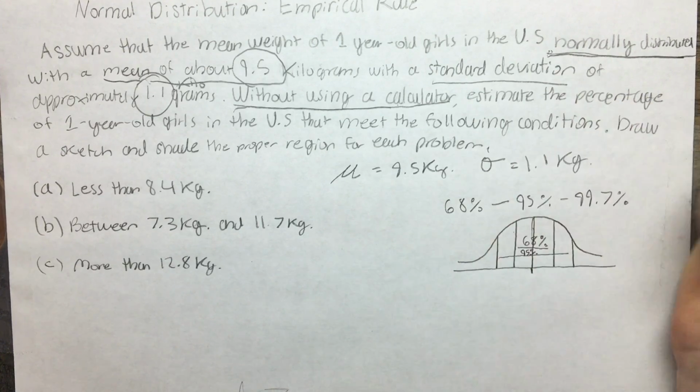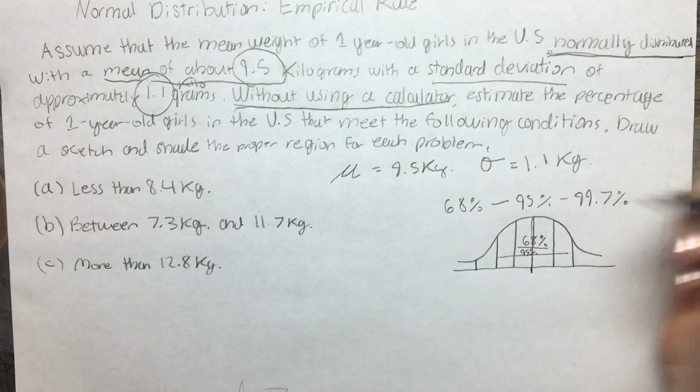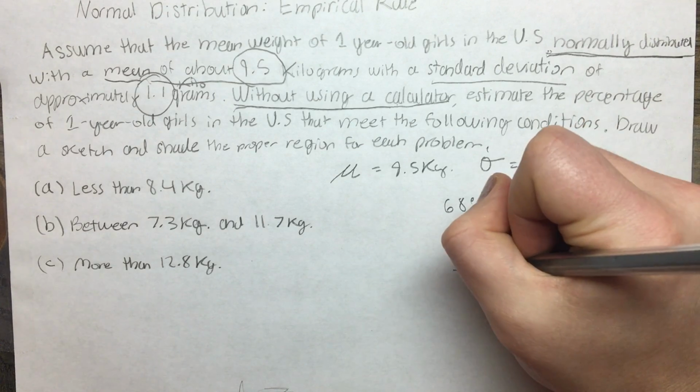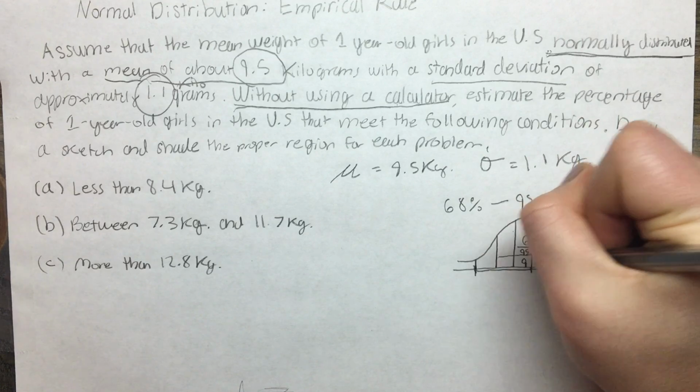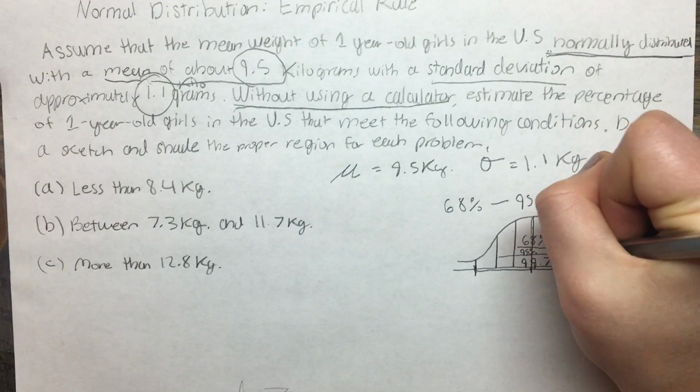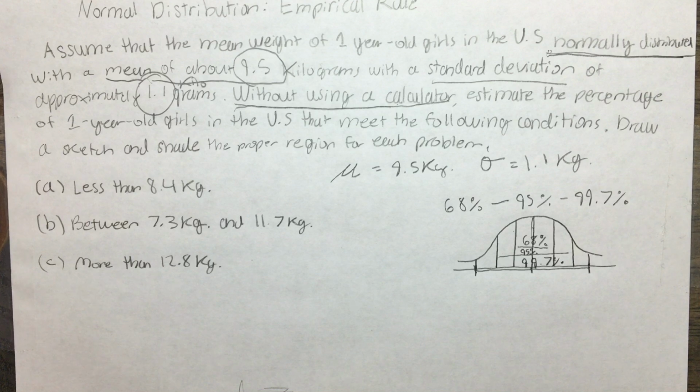And then 3 standard deviations away from the mean, from here to here, would be 99.7% of the data in the distribution.